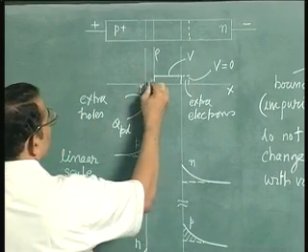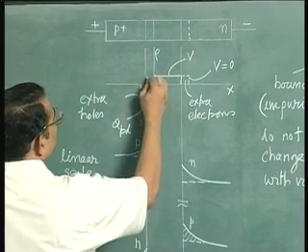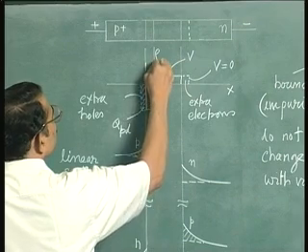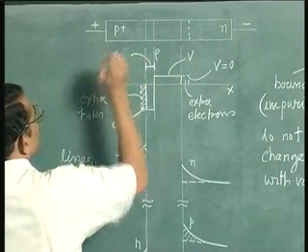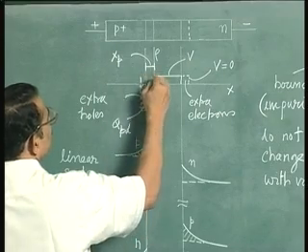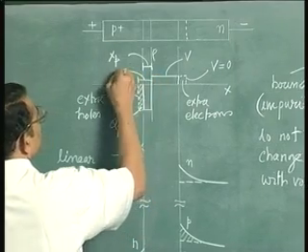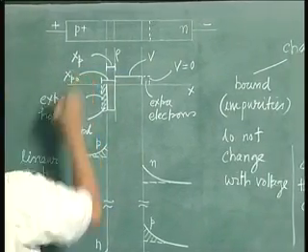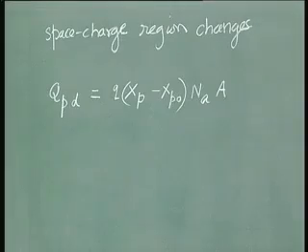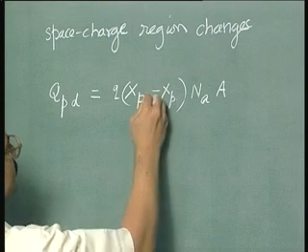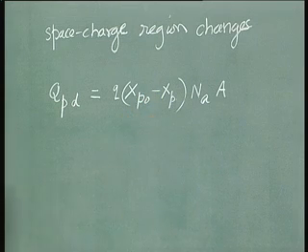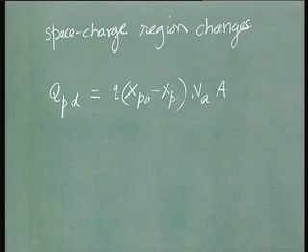So in this case, this width is Xp and this width is Xp0. In fact this formula should be written Xp0 minus Xp, because Xp0 is more than Xp. So this is the Qp, hole charge.